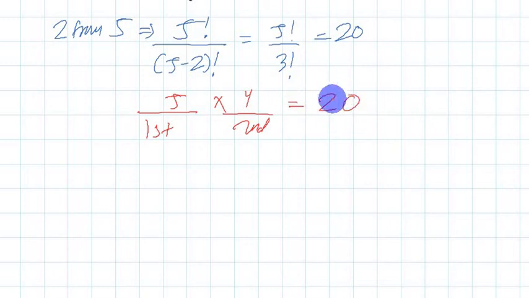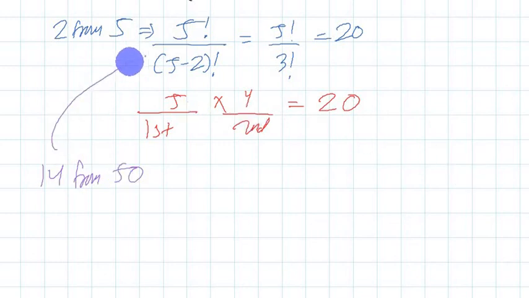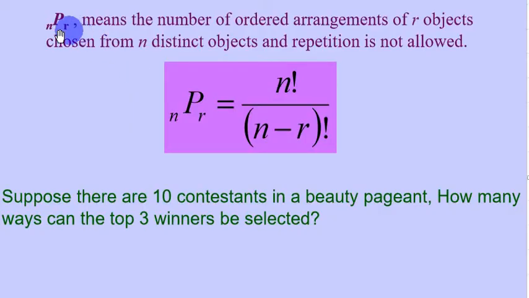Now, it seems that the fundamental principle of counting is easier to use. However, as our figures get larger, let's say, for example, you're going to get 14 from a choice of 50, then the fundamental principle of counting might be a bit cumbersome. So for larger numbers, we opt for the notation of the factorials. And this situation wherein we're choosing not all, but just taking some out of all the choices is defined as such.